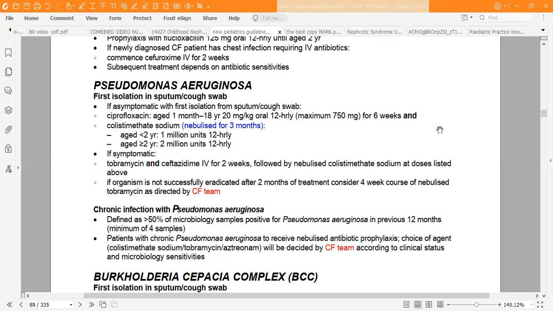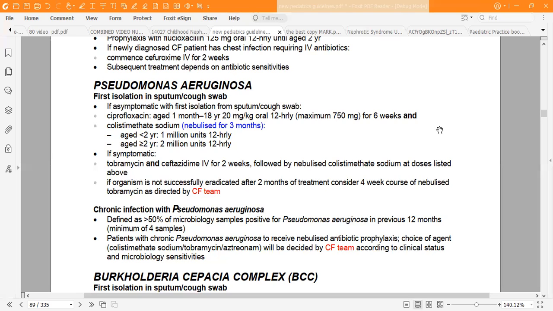If the patient is symptomatic, we will start tobramycin and ceftazidime IV for 2 weeks, followed by nebulized colistimethate sodium at the doses mentioned. If the organism is not eradicated after 2 months of treatment, you will think about a 4-week course of nebulized tobramycin.